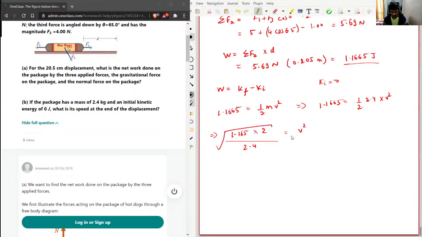I'll just take square root on both sides. This will become square root of 1.1665 into 2 divided by 2.4, and the answer is 0.9859. So velocity will be 0.9859 meter per second.